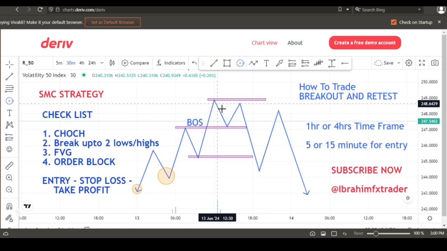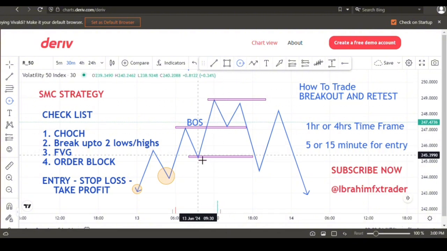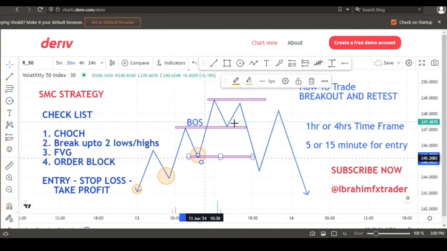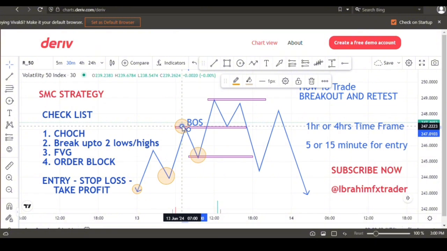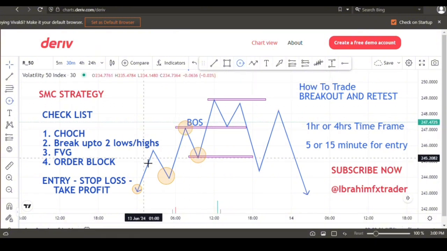On my screen right now, we have a bullish trend that formed a break of structure.